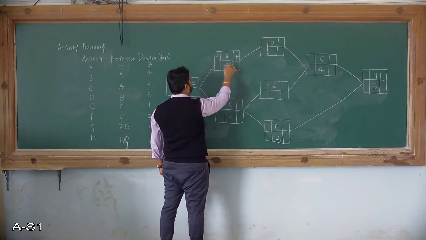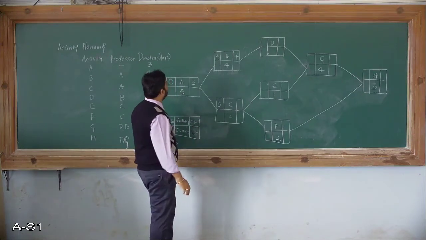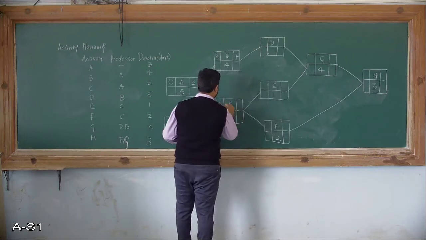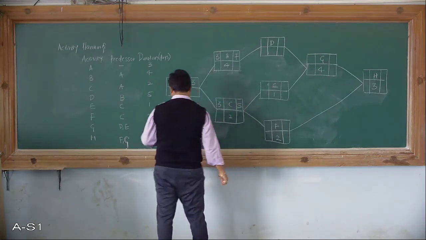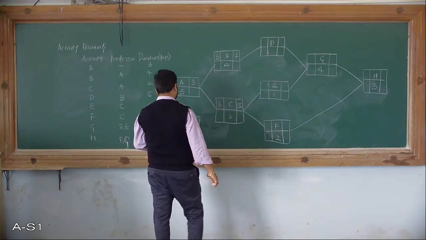That is, 3 plus 4 is 7, the value for early finish for activity B. And here it comes 3 plus 2, it will be 5.